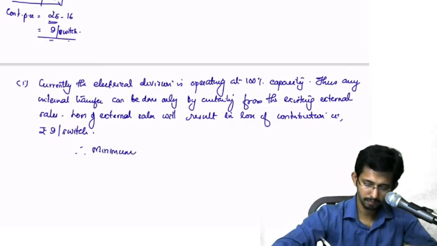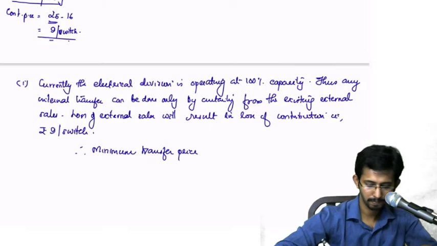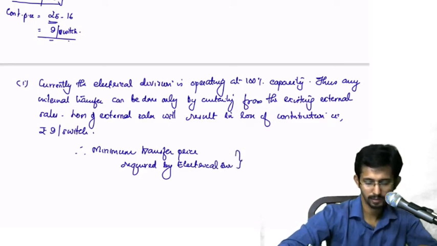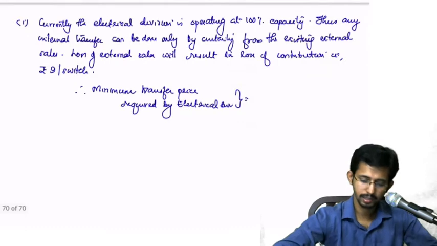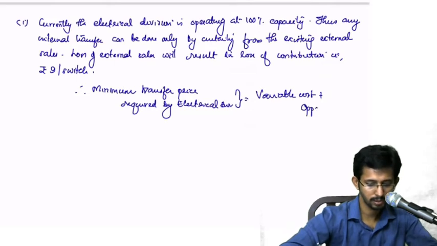Therefore, the minimum transfer price required by the electrical division is equal to what? Variable cost plus opportunity cost.